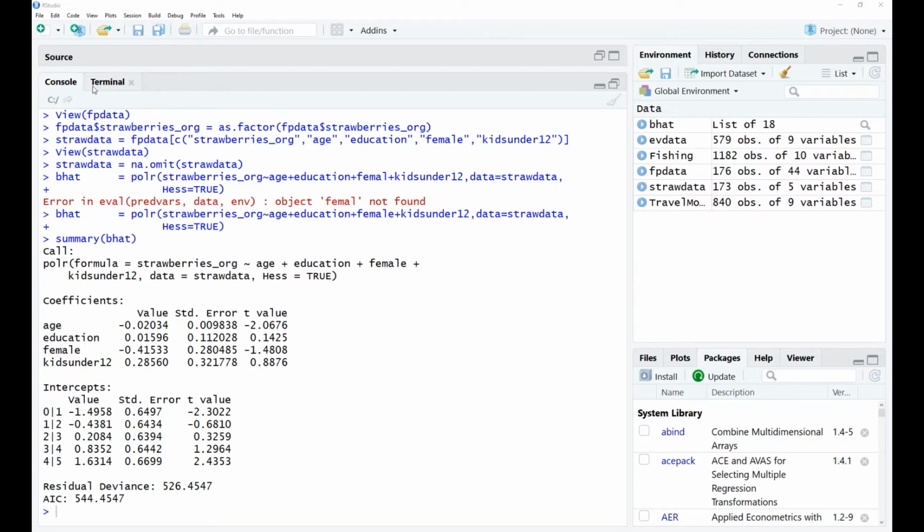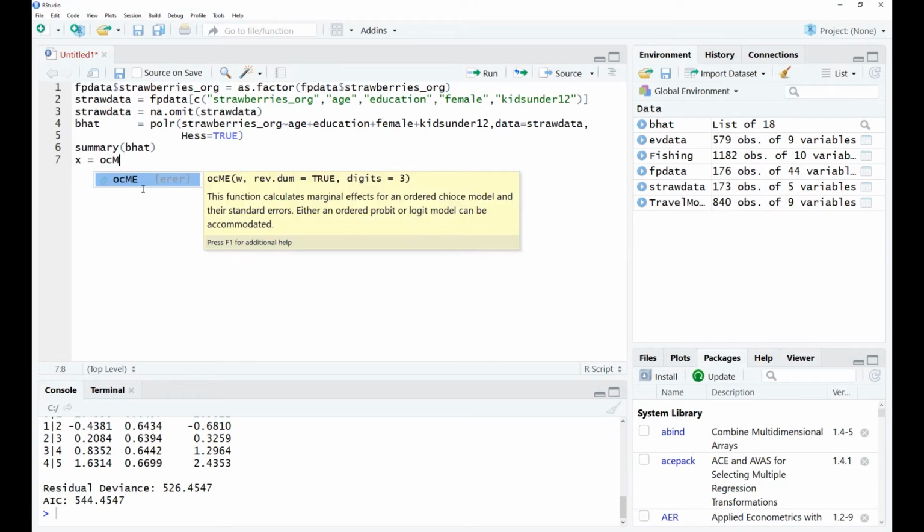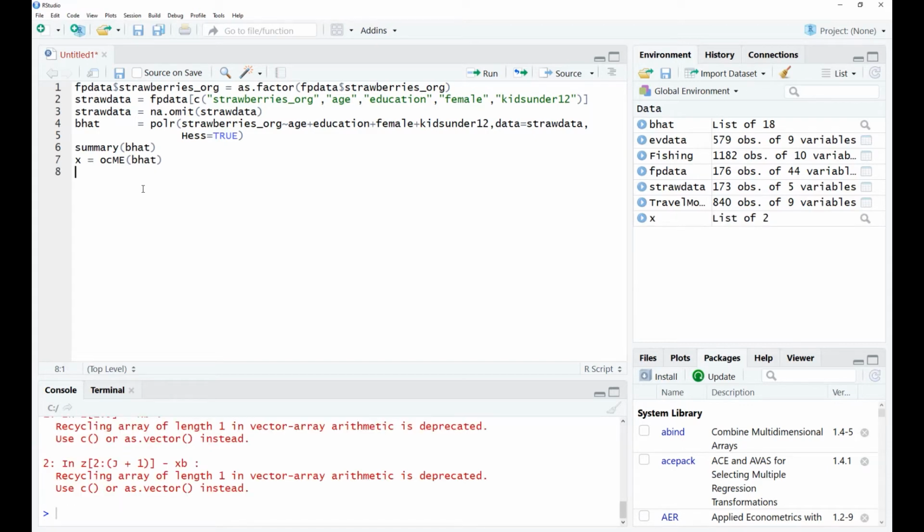To calculate the marginal effects, we type in x equals ocME, a command associated with the package ordinal, and we type in b hat, and then x$out$all. We are picking the marginal effects of all.